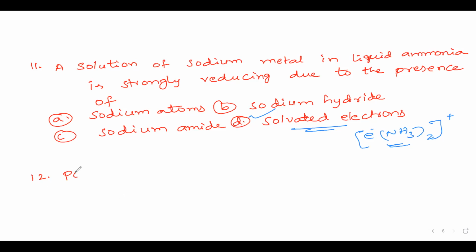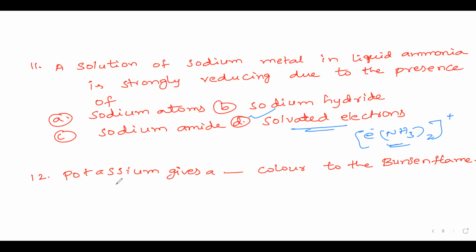Potassium gives a dash color to the Bunsen flame. So what color will it give?